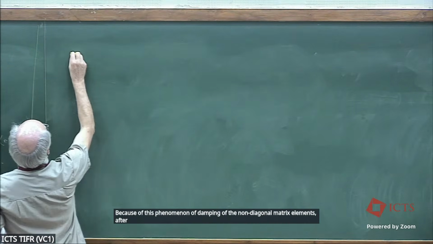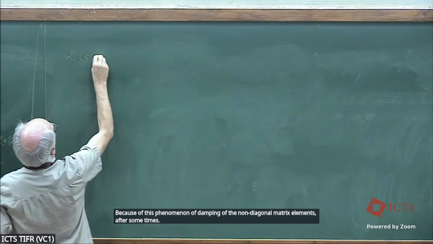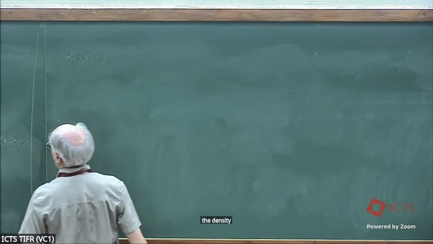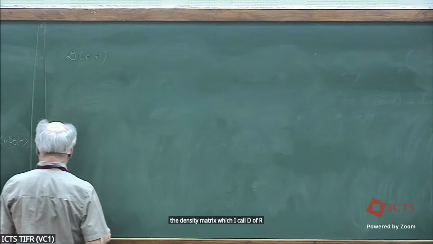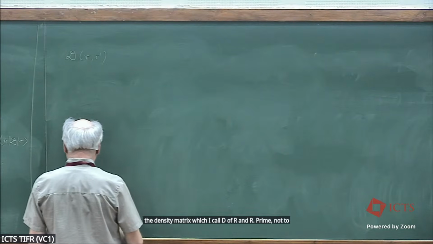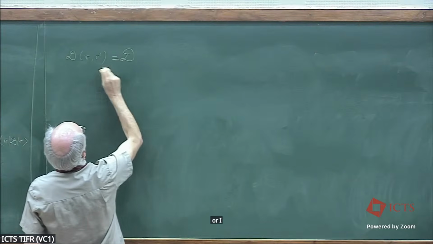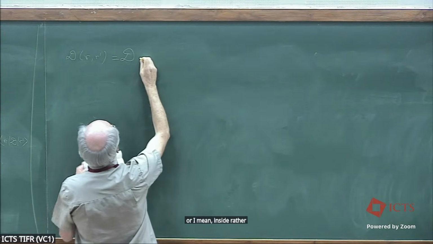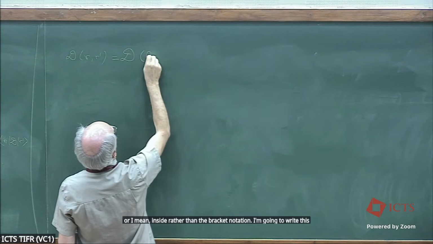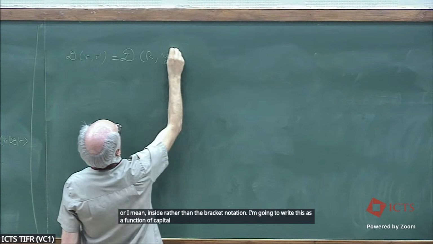So I need to do a couple of steps here. You see that because of this phenomenon of damping of the non-diagonal matrix elements, after some time the density matrix, which I call D of R and R prime, I'm going to write as a function of capital R and a variable y.